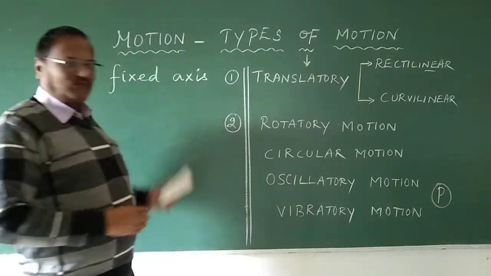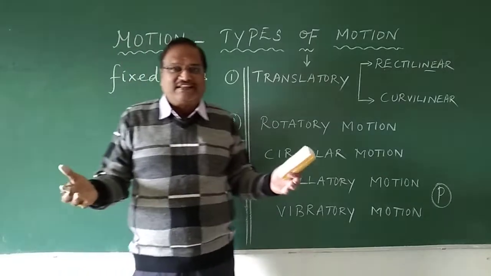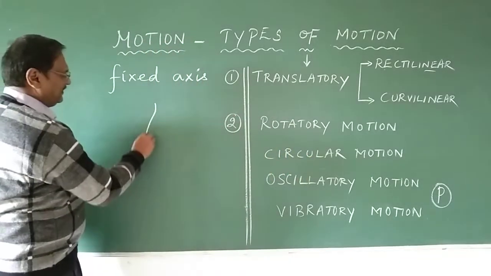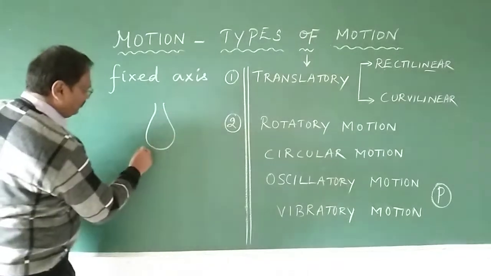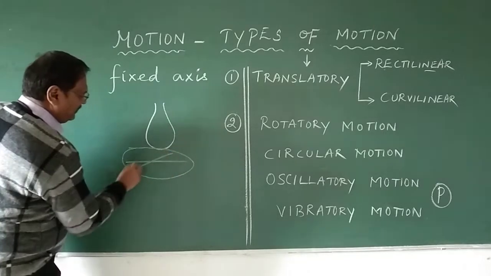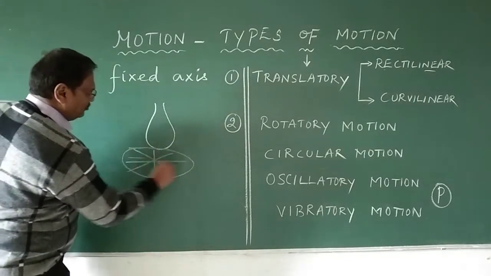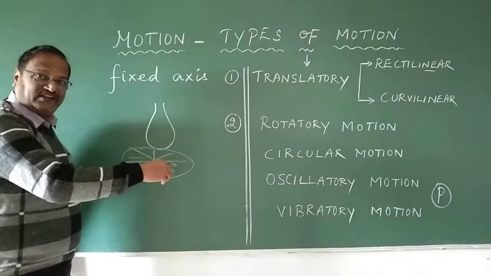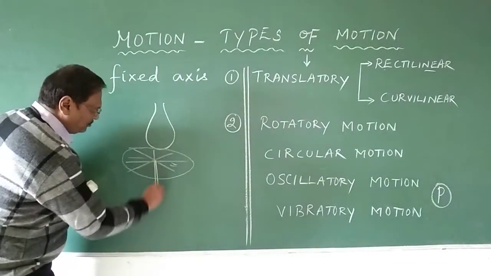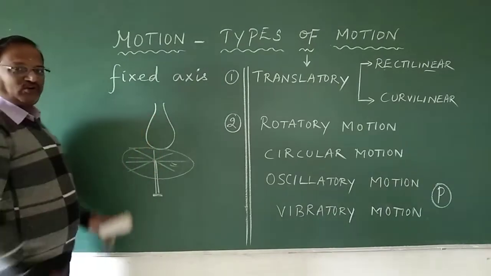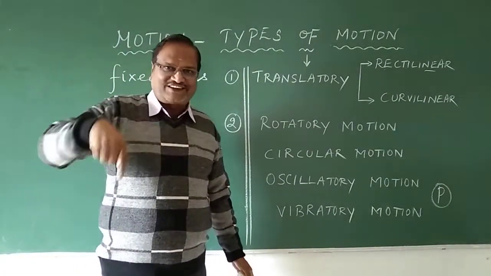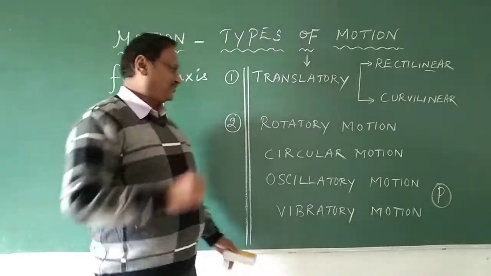Okay, you understand? For example, a potter's wheel. A potter is making a pot, let us say. He will fix it on a circular thing like this, and it will have an axis like this. Now what will happen? He will rotate it and he will shape the pot. And the potter's wheel has a fixed point here, and that is also in rotatory motion, right?